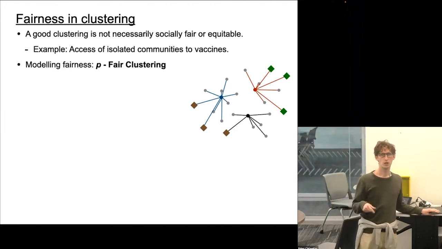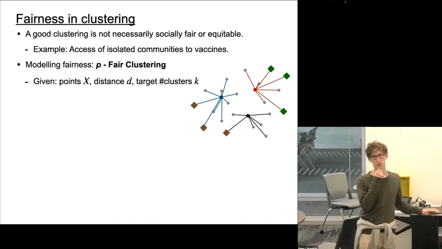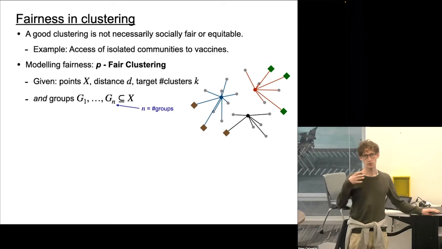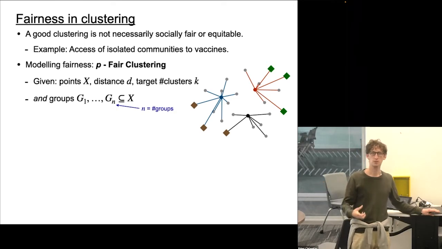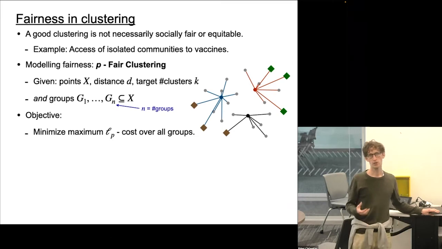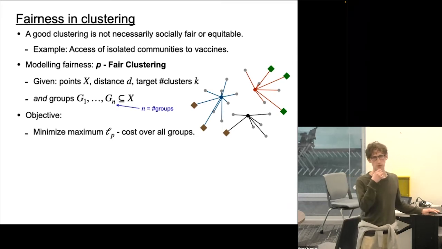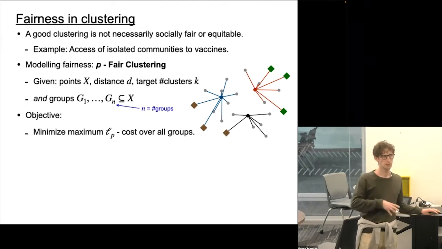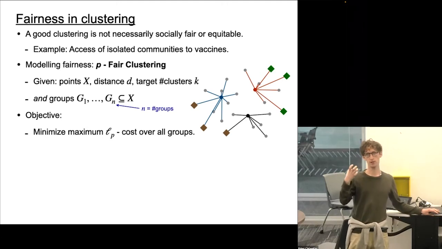What we call a p-fair clustering is a clustering, same definition as before, and we have these groups, which are subsets of our point set. Now our objective is again an Lp cost objective, but rather than taking the global Lp cost, we look at the Lp cost just within every group.